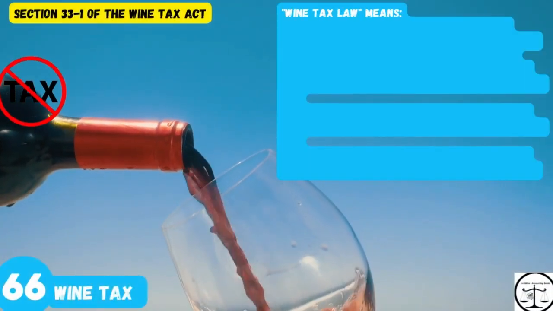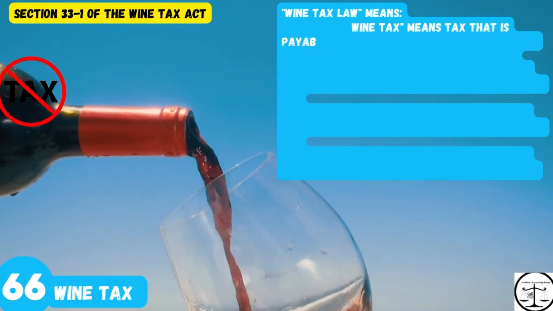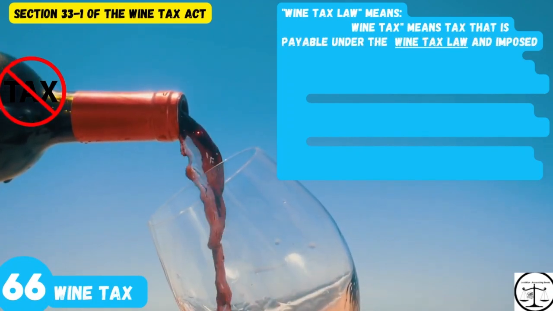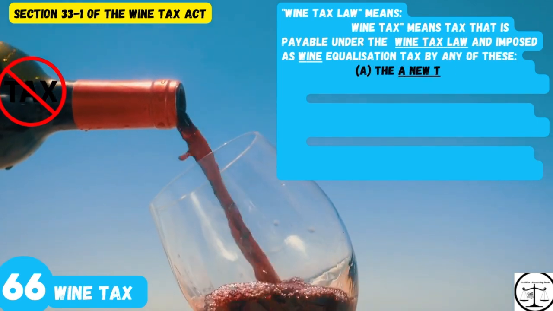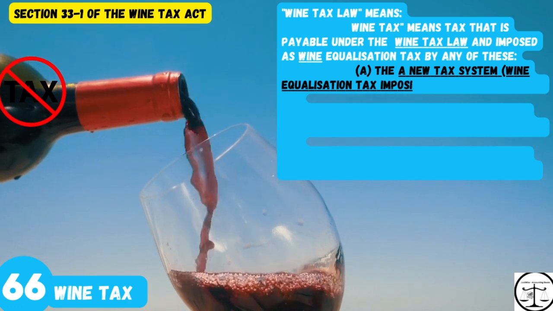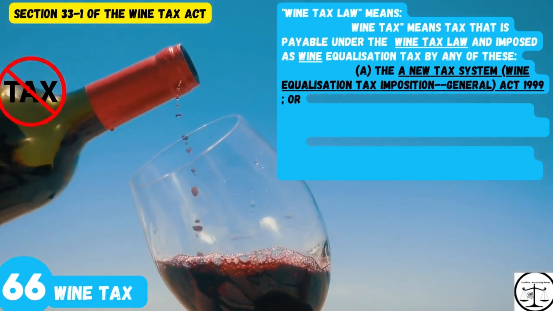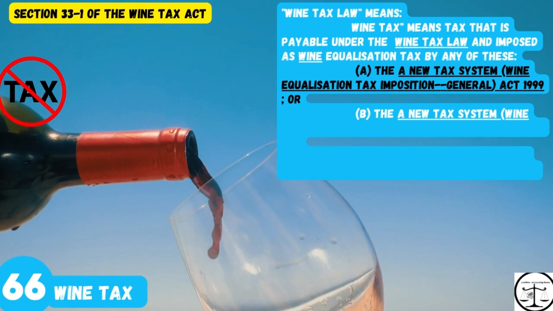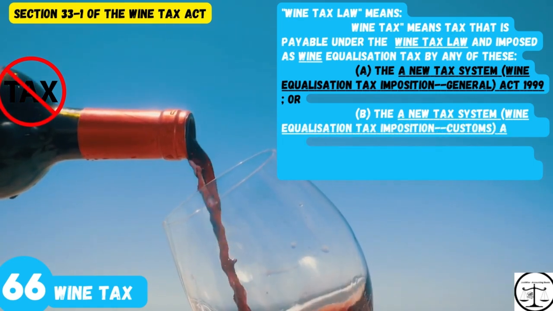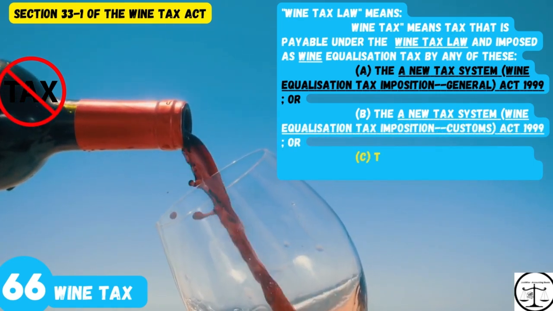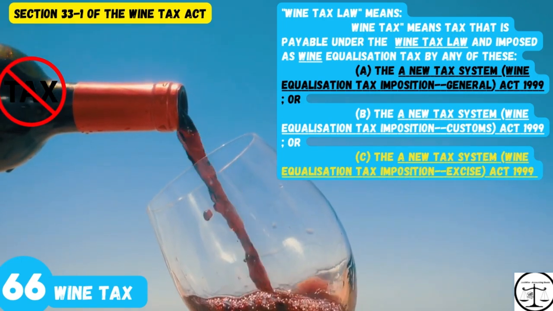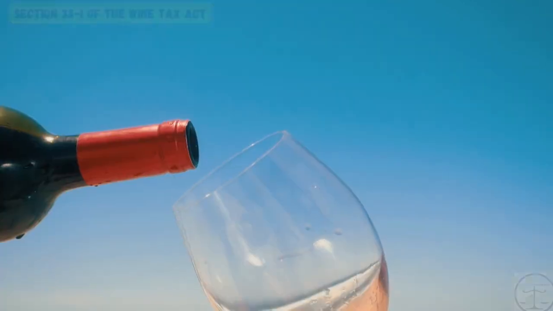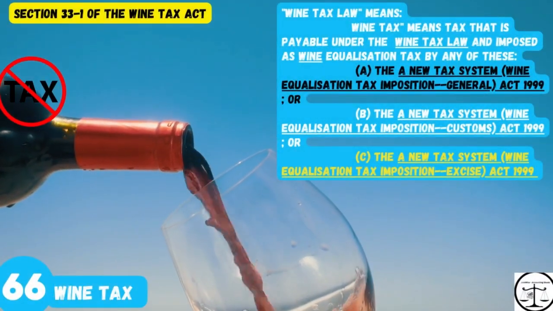Wine tax means tax that is payable under the wine tax law and imposed as wine equalization tax by any of these. A. The A New Tax System (Wine Equalization Tax Imposition—General) Act 1999, or B. The A New Tax System (Wine Equalization Tax Imposition—Customs) Act 1999, or C. The A New Tax System (Wine Equalization Tax Imposition—Excise) Act 1999.